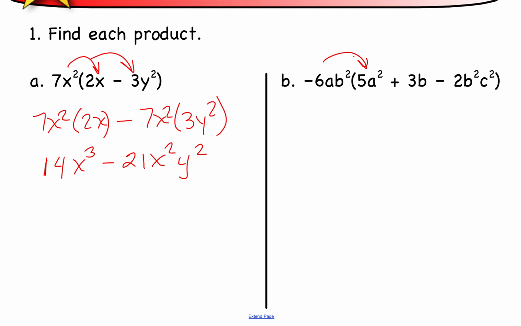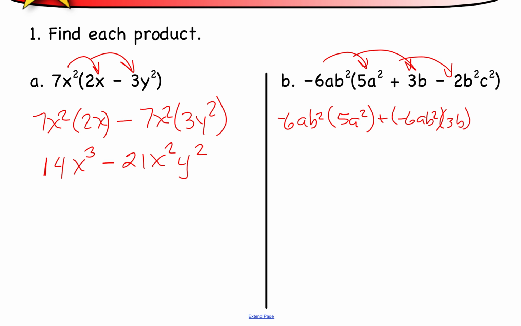Over on the right-hand side, we're going to distribute the negative 6ab squared through the parentheses. So we get a negative 6ab squared, and we're going to multiply it first times 5a squared, and then we're going to add to that negative 6ab squared multiplied by 3b, and then we're going to add to that negative 6ab squared multiplied by negative 2b squared c squared, right?